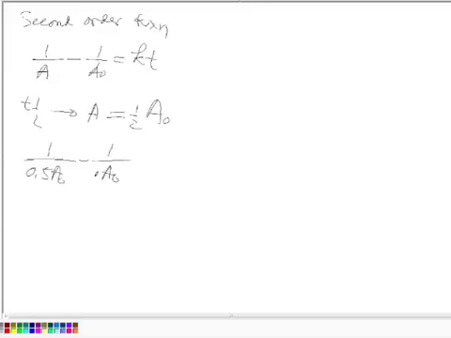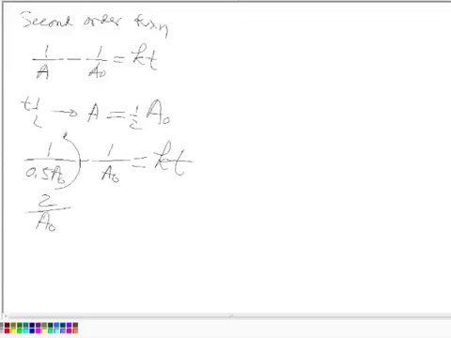From here, very easy, that one is equal to 2 per A0, isn't it? Yes, that one is like this, and what we get over there is t half, so what we get is 1 over A0... equals k t half.